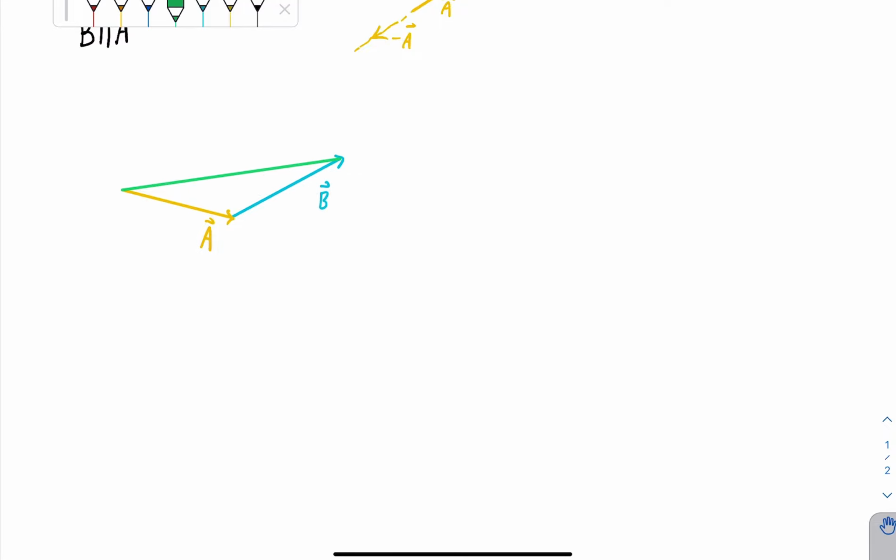So this is going to be vector C, which is vector A plus B. So that's how we add these vectors.